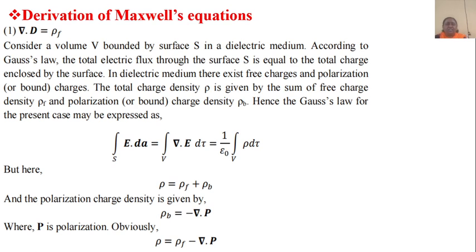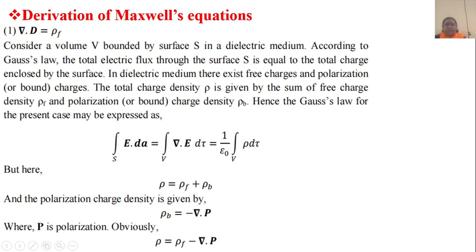The total charge density rho is given by the sum of free charge density rho F and polarization charge density rho B. Hence, the Gauss law for the present case is expressed as integral over surface S E into dA equal to integral over volume V del dot E d tau equal to 1 upon epsilon 0 integral over volume V rho d tau.